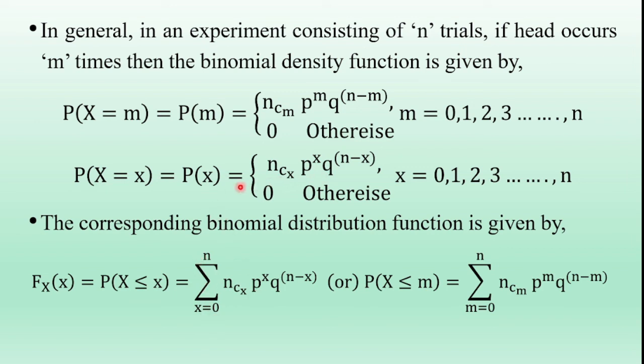Similarly to p of m, p of x equals nCx into p power x into q power n minus x for x equal to 0, 1, 2, 3 and so on up to n. And this is the concept of binomial distribution.